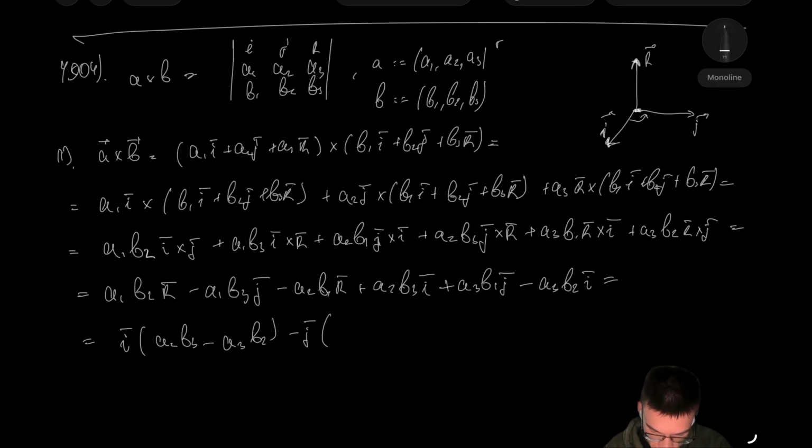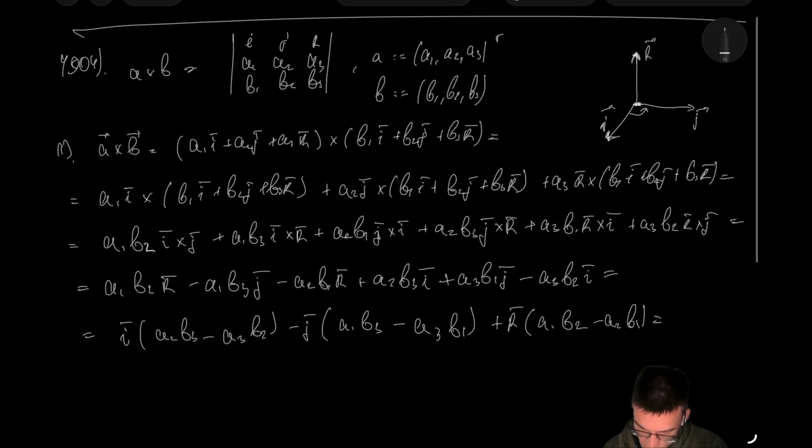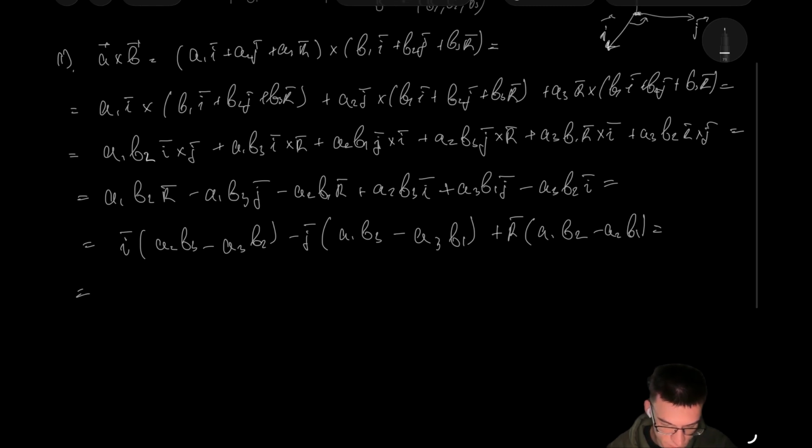I'm going to factor out minus j, because that's supposed to be a determinant, a1 b3 minus a3 b1, and I'm going to factor out r, which gives us a1 b2 minus a2 b1. As you can see, this is a two-dimensional determinant, the determinant of the second order, I guess that's how it is called in English.